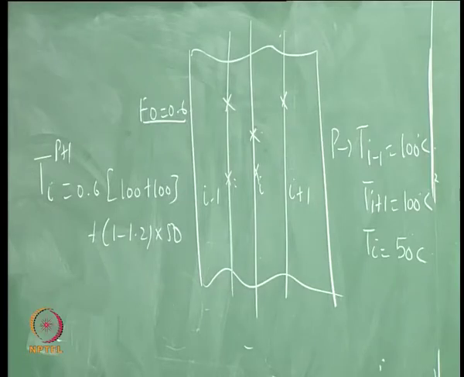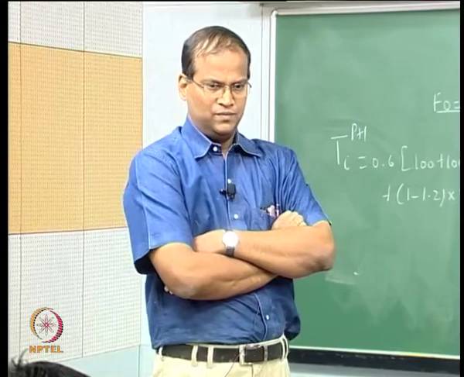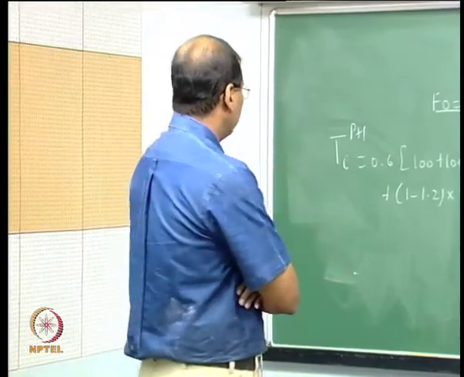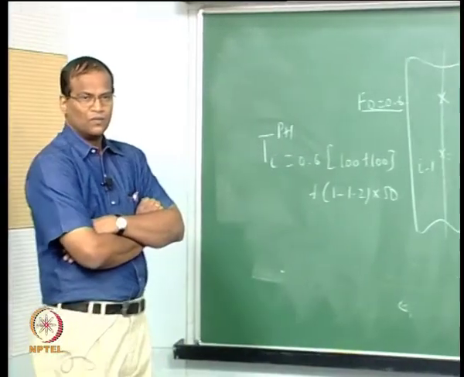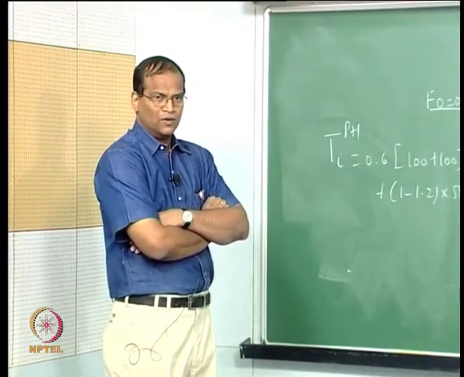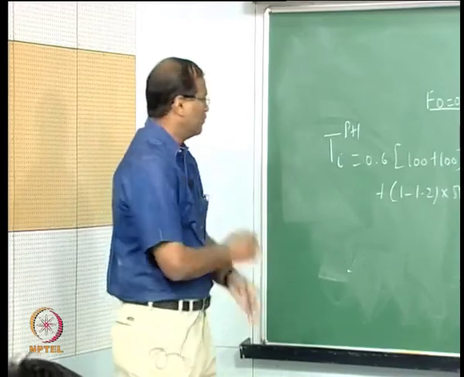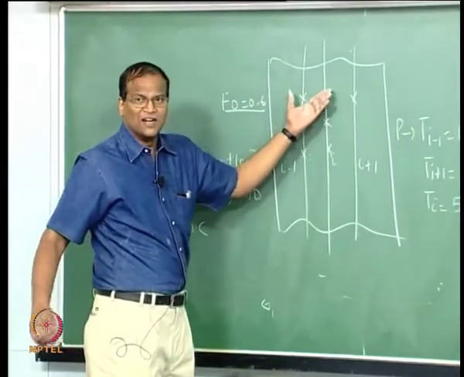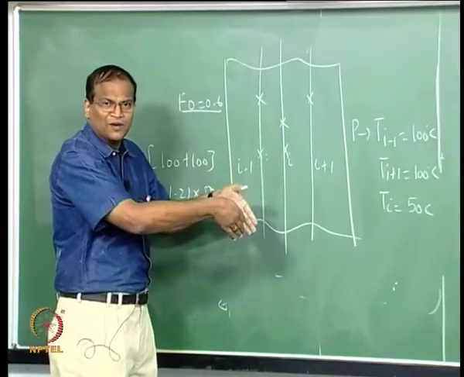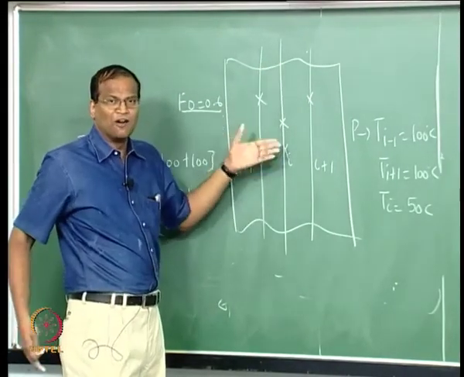No calculator needed, it can be easily done. What is the temperature now? 110. Is it realistic? The maximum temperature in the problem is 100. From 100 it cannot become 110, it cannot become hotter than this.